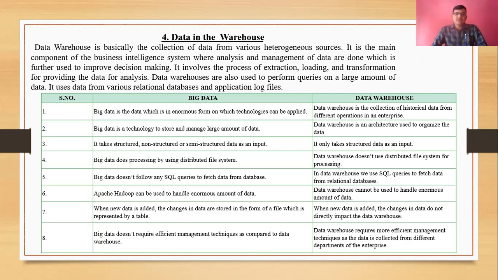Data warehouse is basically the collection of data from various heterogeneous sources. It is the main component of the business intelligence system where analysis and management of data are done, which is further used to improve decision making.